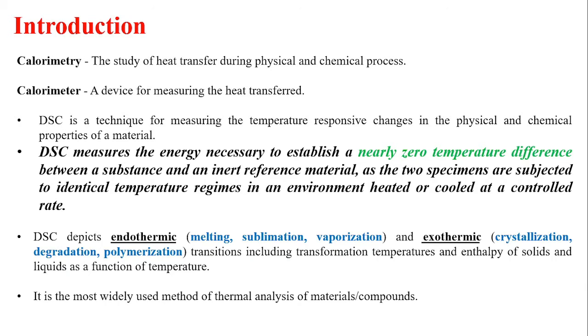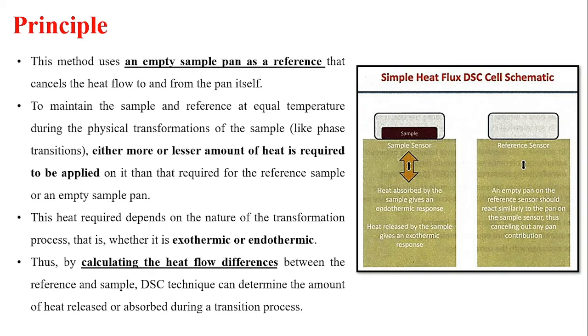Here both the sample and reference are kept at the same temperature. There is one condition that is followed: the reference sample should have a well-defined heat capacity throughout the range of temperature where scanning is taking place.